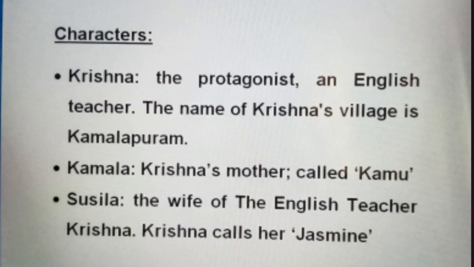Kamala is Krishna's mother, and she is also called Kamu. The next character is Susila. Susila is the wife of the English teacher Krishna, and Krishna lovingly calls her Jasmine.